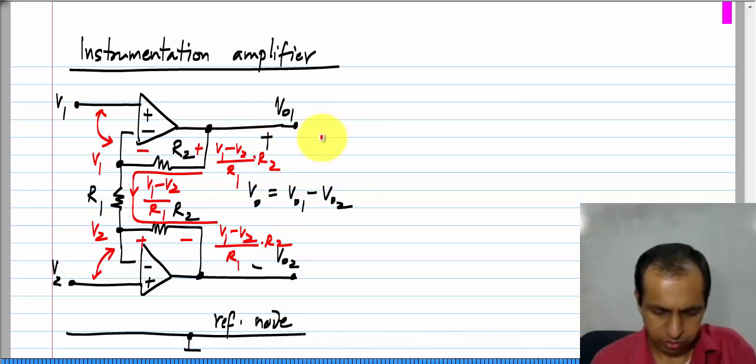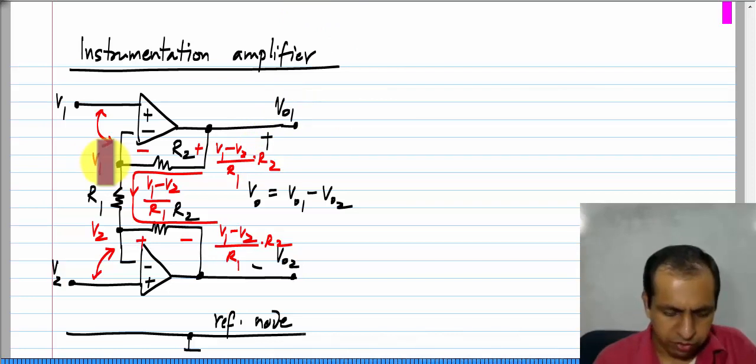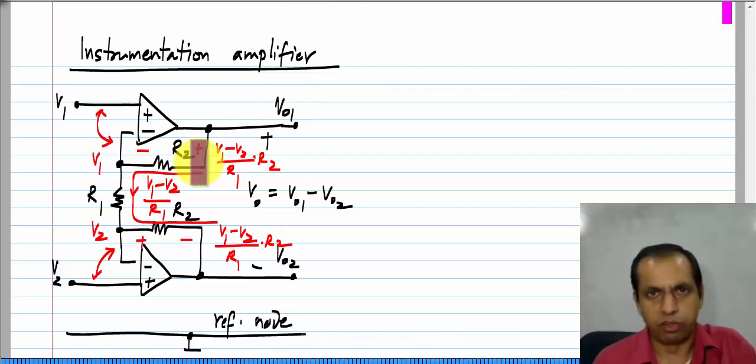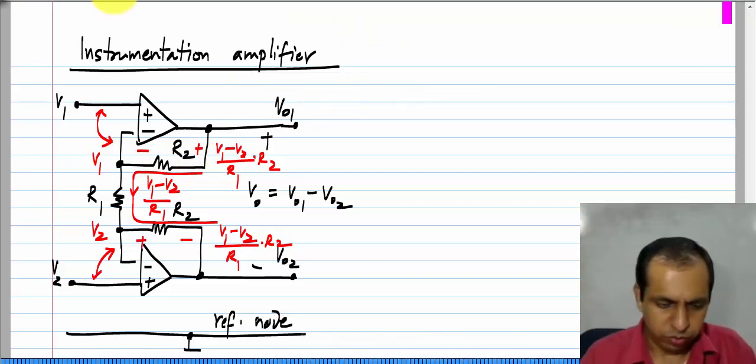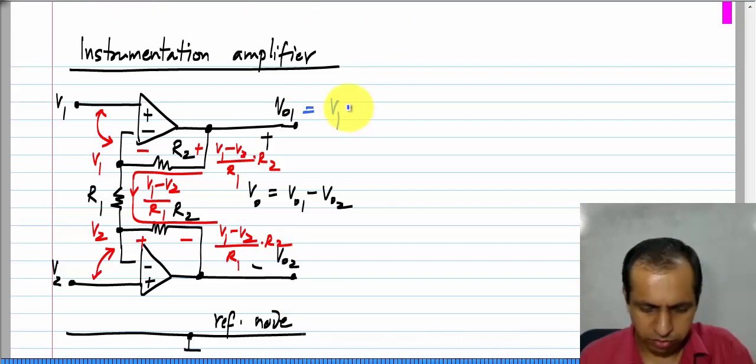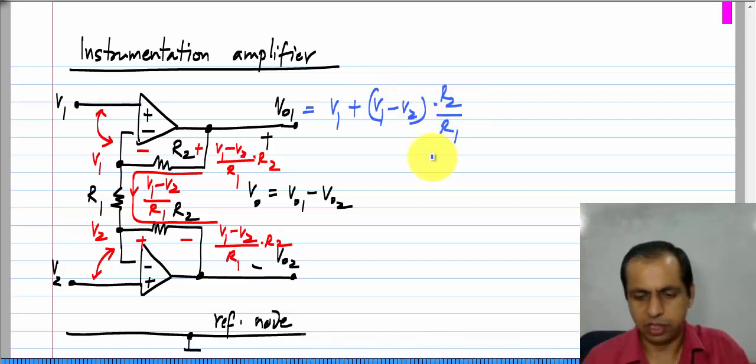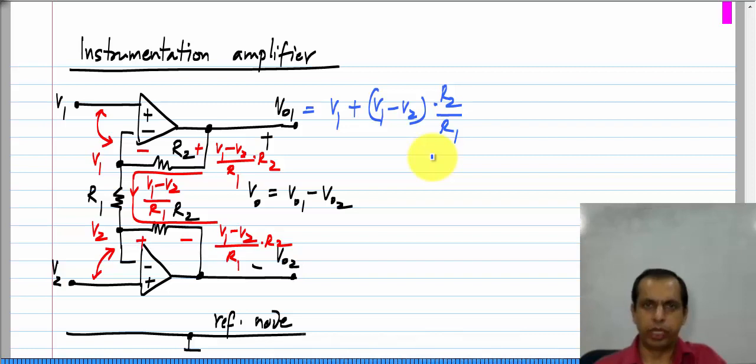Now, if you look at each of these voltages, VO1 will be V1 plus the voltage drop across R2. So, VO1 is V1 plus the voltage drop across R2, which is V1 minus V2 times R2 by R1.